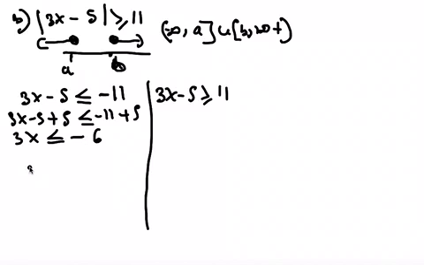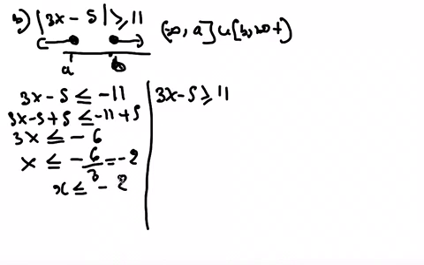Divide both sides by 3: x ≤ -6 divided by 3, which is -2. That's our solution for the first part: x ≤ -2.